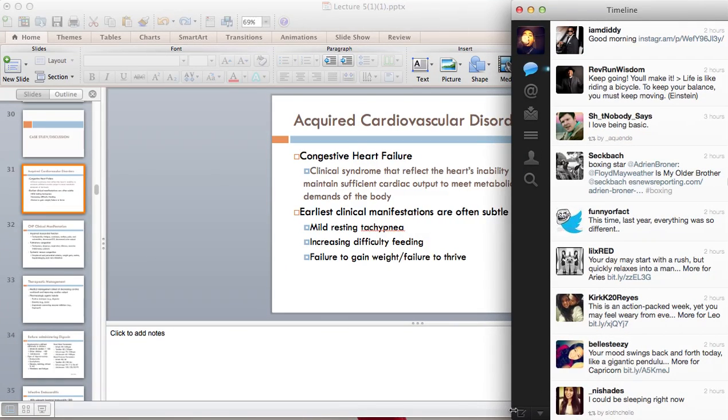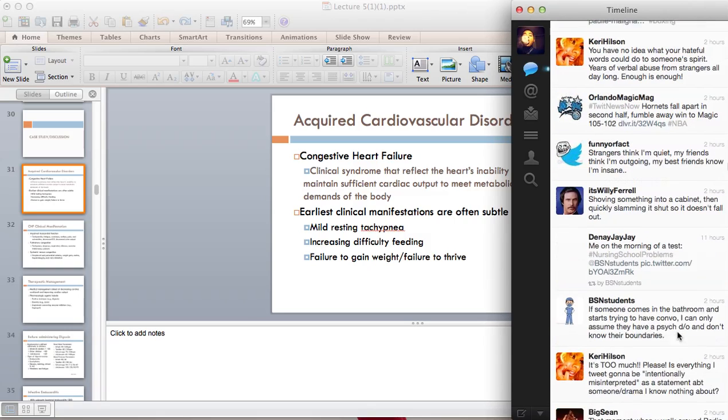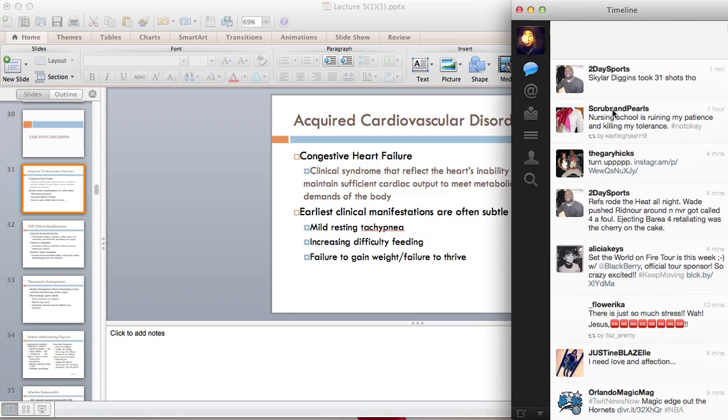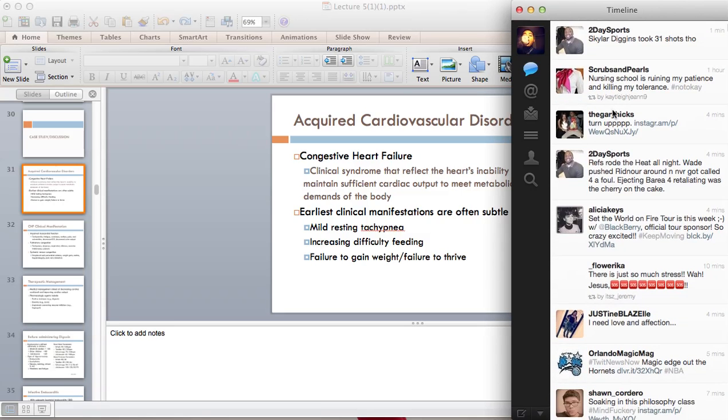The heart is not able to pump blood effectively to the systemic circulation to maintain the vital hemodynamic status of the patient. It's not able to do all that.